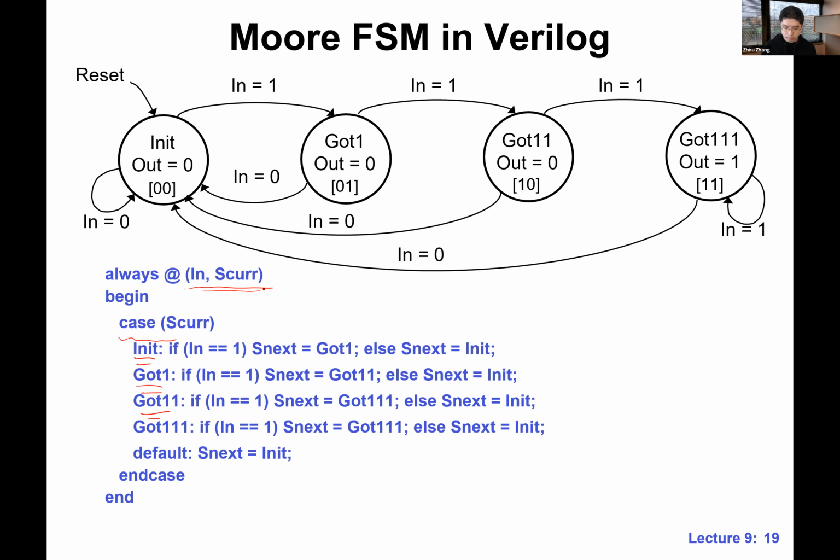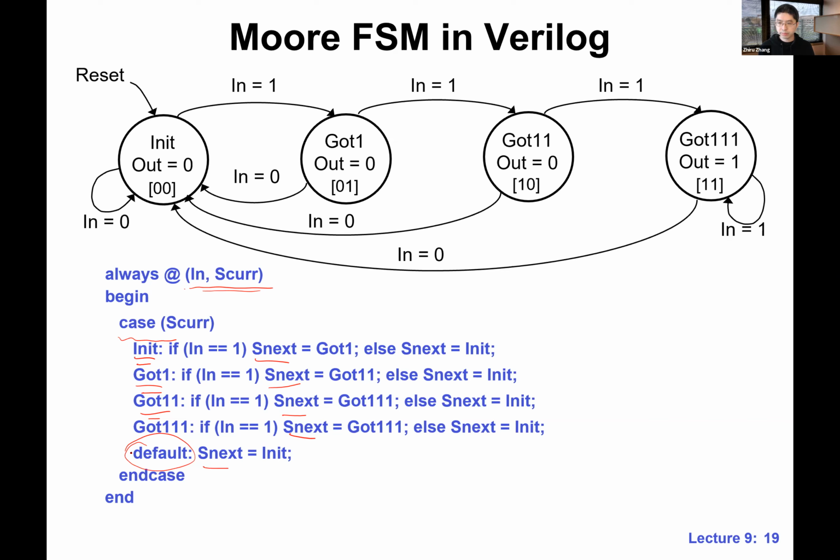So look at next state. It is actually assigned in all cases. Default is like the fallback, although in this case it's actually not that necessary, because we already covered 4 combinations. Make sense?